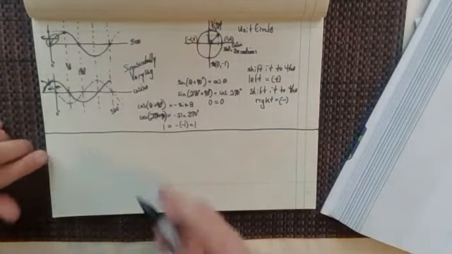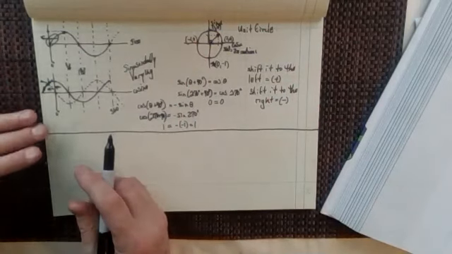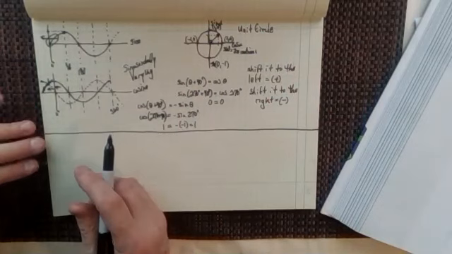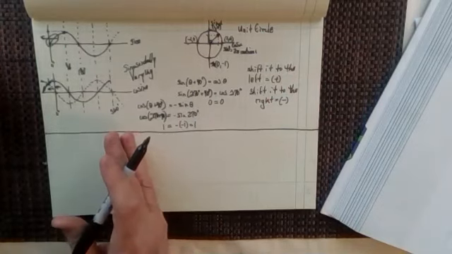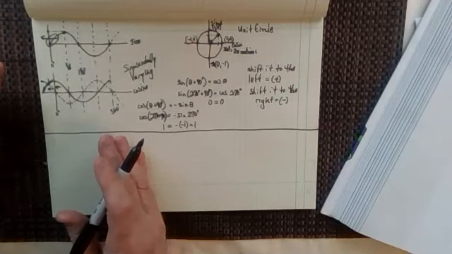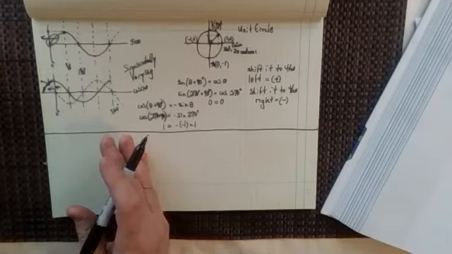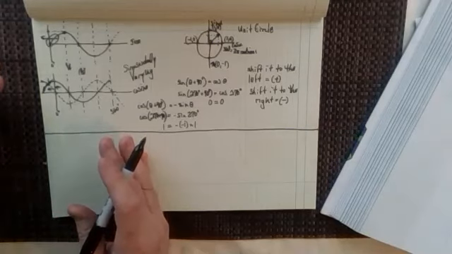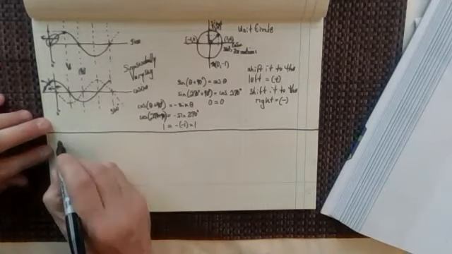Now, what I want to do is talk about the resistive responses and the reactive responses, those together, of course, being the impedance response to the three different components that we use in circuits. And I want to point something out about impedance.